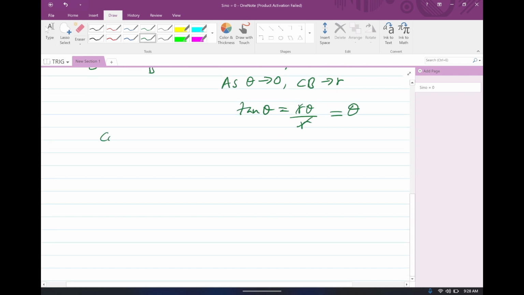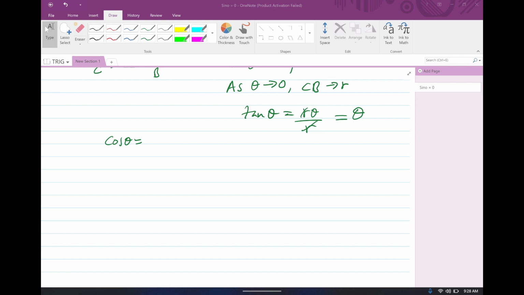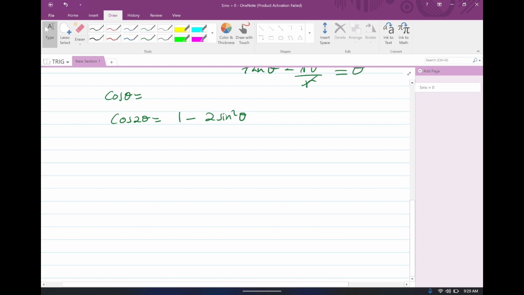For cosine theta, proving it this way is not going to come out clearly. But we know that for the double angle, cos 2 theta is given as 1 minus 2 sine squared theta. That means if you are looking for cos theta, we are halving the argument.